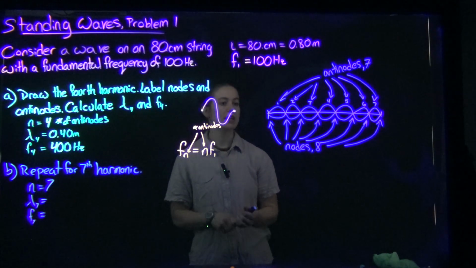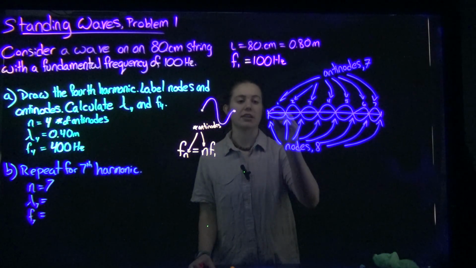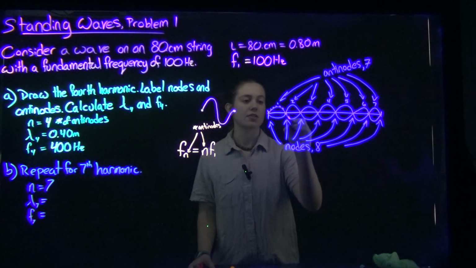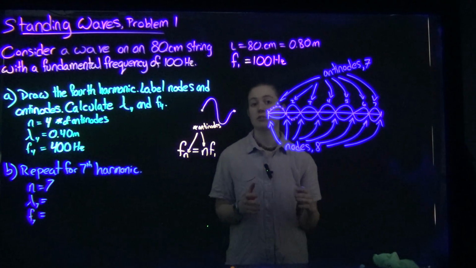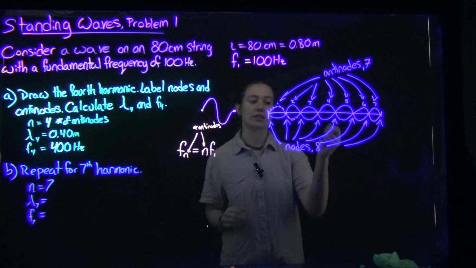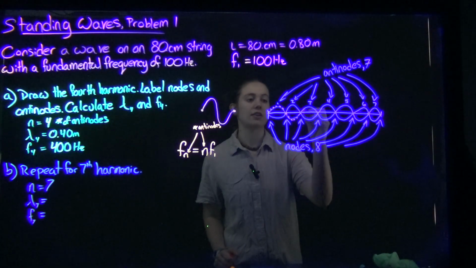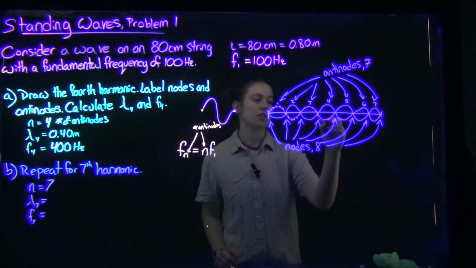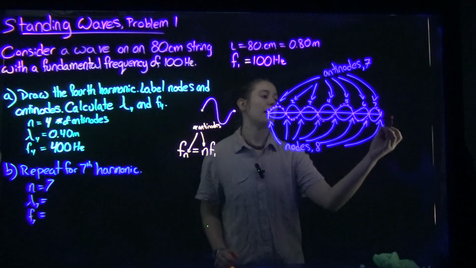So for wavelength, we can count out how many wavelengths we have again. So there's 1. Notice each of these wavelengths is going to be shorter than the wavelengths for the fourth harmonic because we need to fit more antinodes in and more wavelengths into the same length of string. That's 1, 2, 3 and a half.